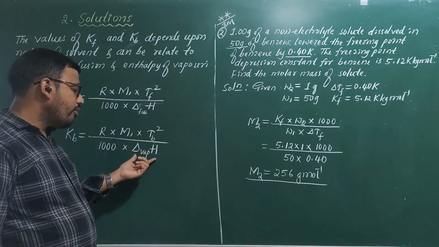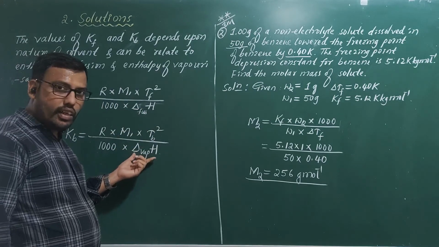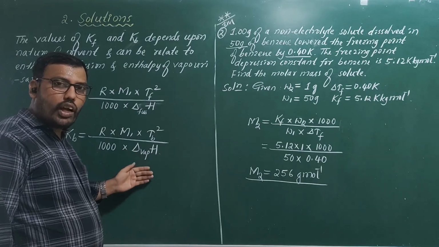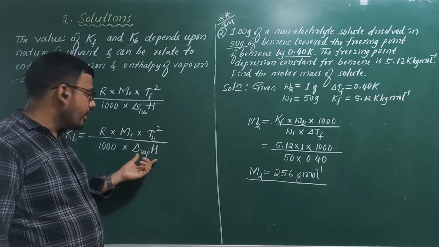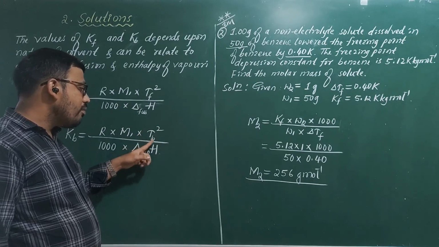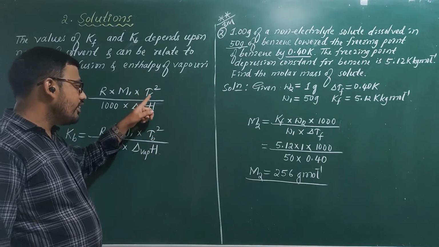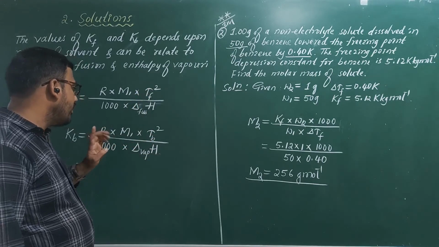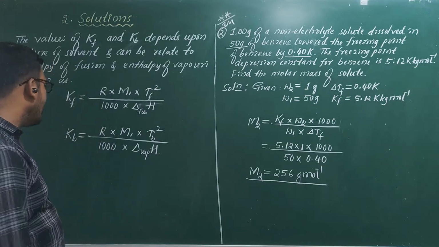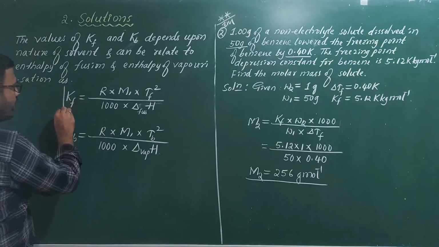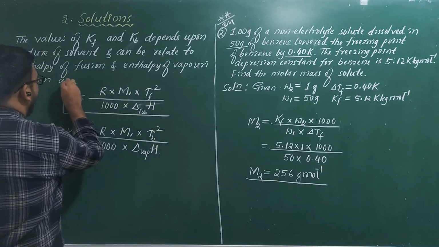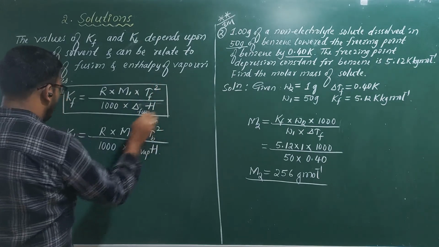Enthalpy of vaporization means it is the heat required to convert 1 mole of a liquid into vapor. Tb is boiling point, Tf is freezing point of pure solvent. So remaining thing as it is. So by using these formulae you can calculate the Kf value and Kb value.